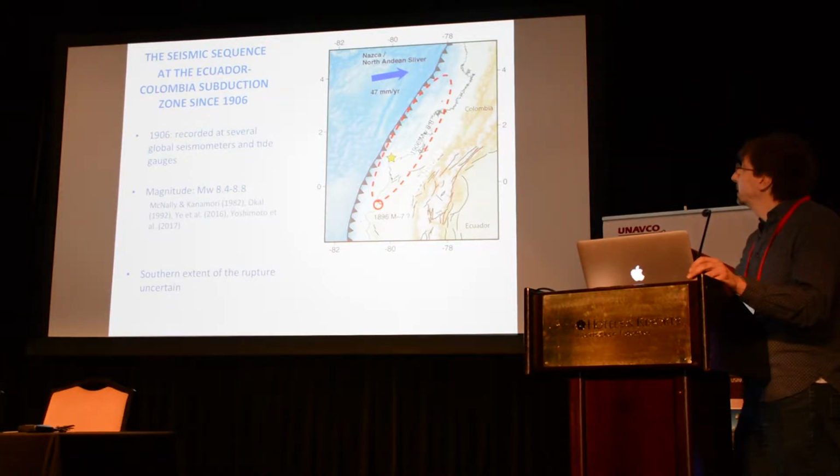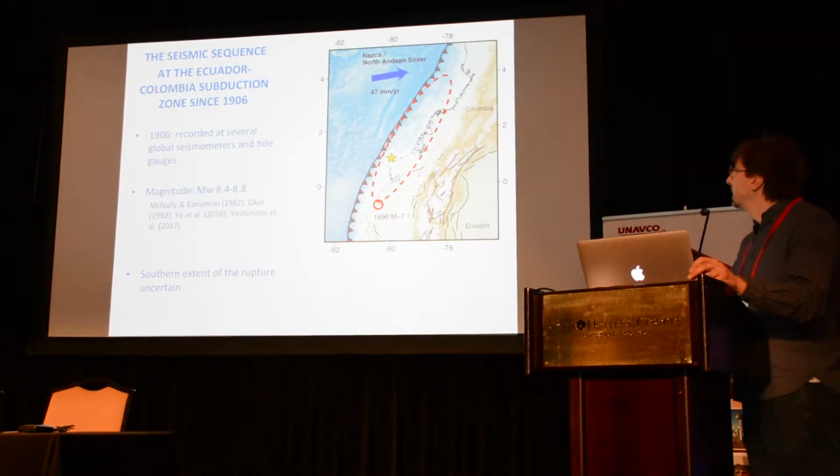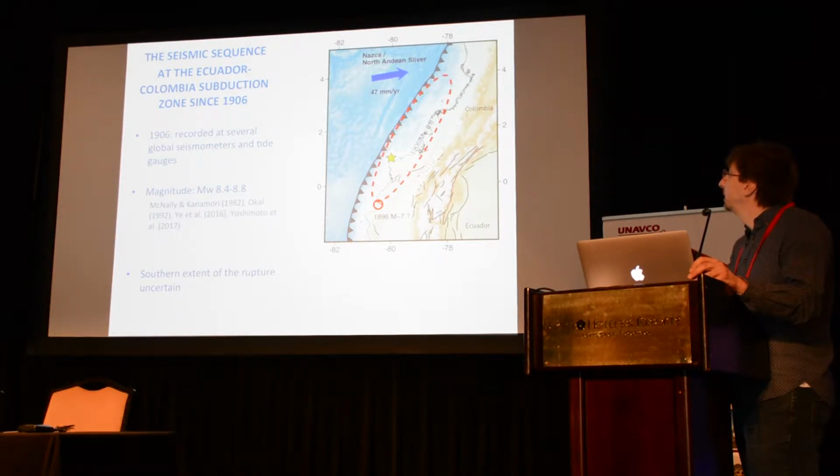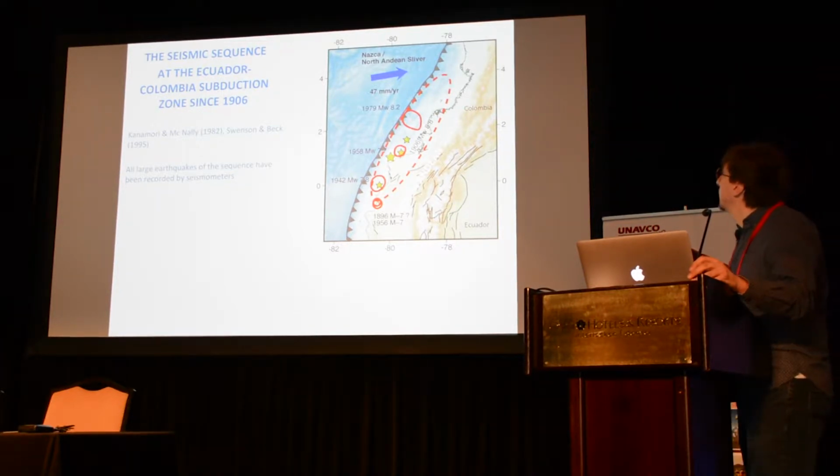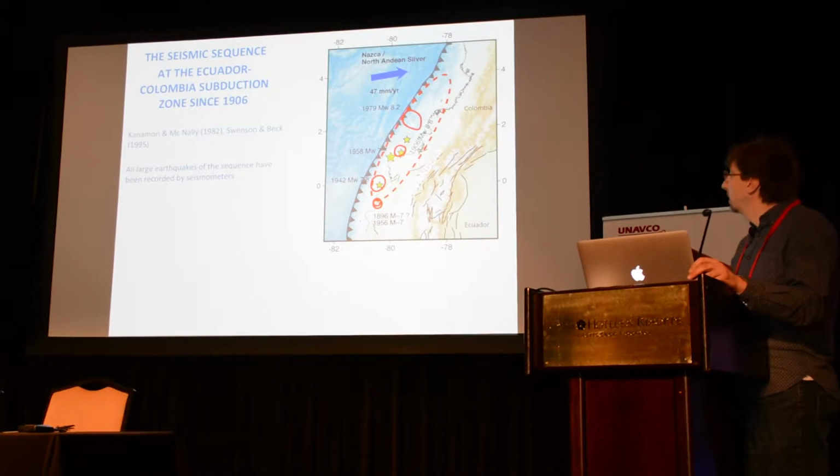There are some debates about the size of this earthquake, and that will go into the uncertainties of the budget of the seismic moment. What we know is that 36 years later, the same area seems to have broken again during a large 7.8 earthquake in central Ecuador. 20 years later, another 7.7 earthquake in northern Ecuador, and finally, in 1979, an 8.2 earthquake in southern Colombia.